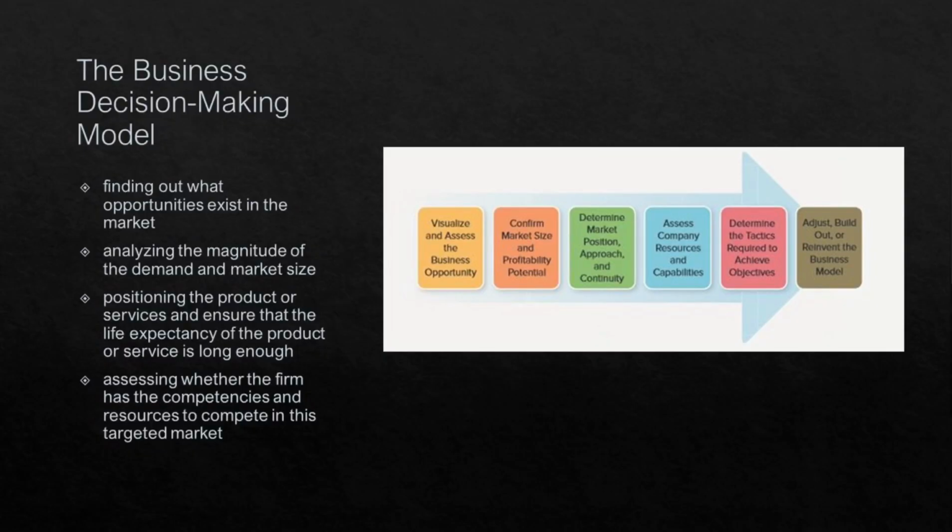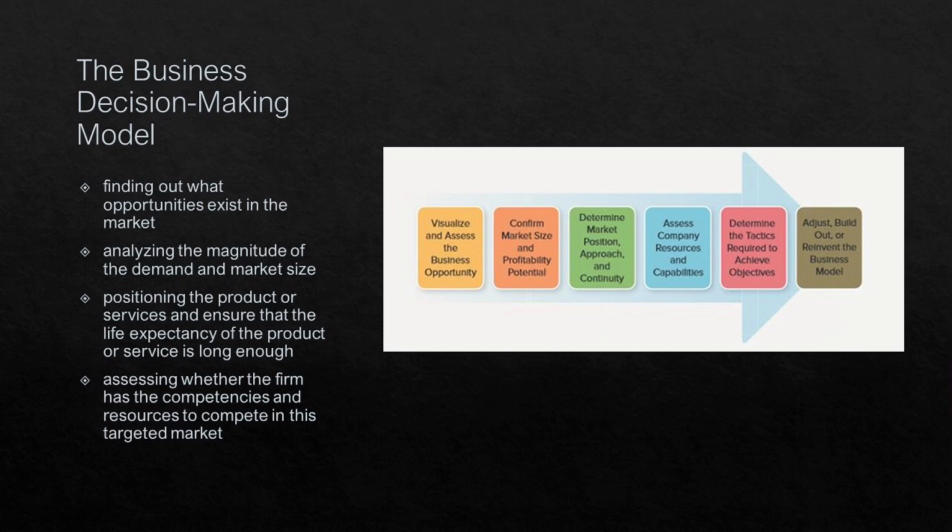So the business decision model consists of 6 components. The first one is visualize and assess the business opportunity. The second one is confirming the market size and the profitability potential. The third one is determining market position, our approach, and how we will continue succeeding in this market.